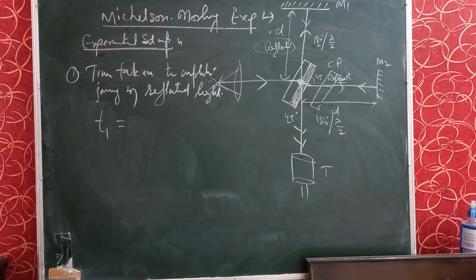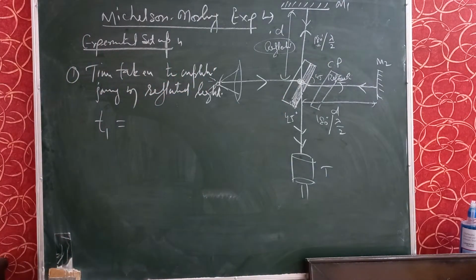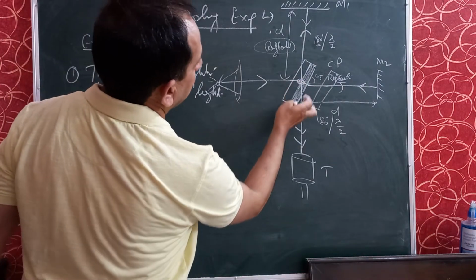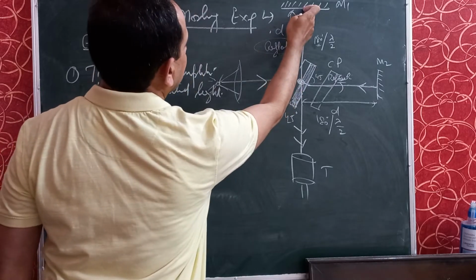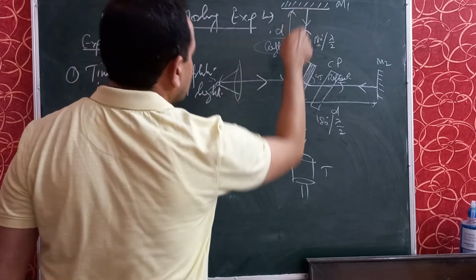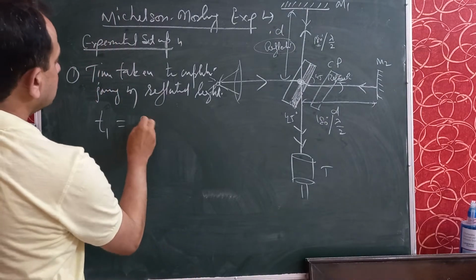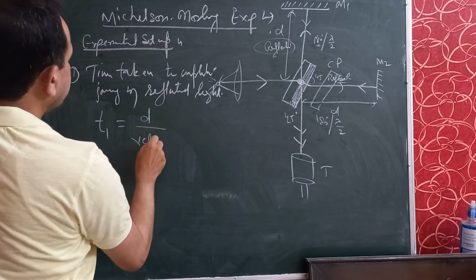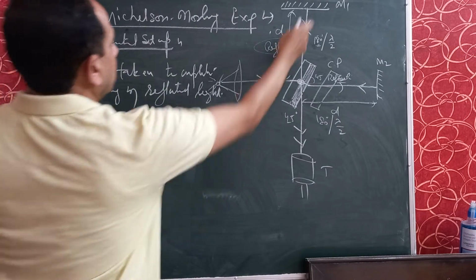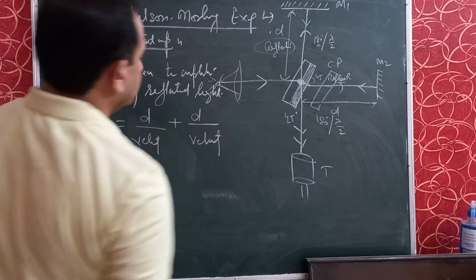This time is t1. First of all, we will split this time in two parts: the time taken to move from this plate to the mirror and again back from the mirror to the plate. So it will split in two parts. That is distance d over velocity, plus again in the reverse direction distance d over velocity.